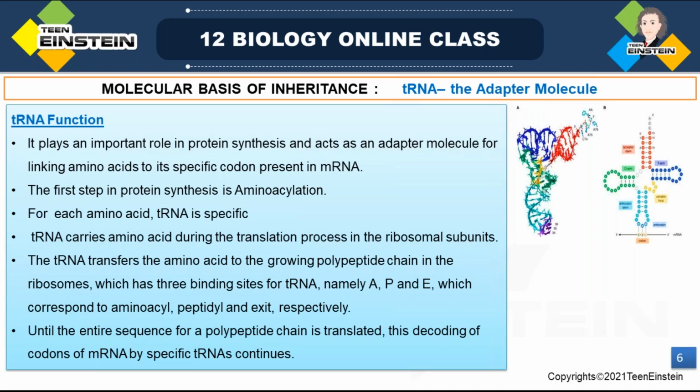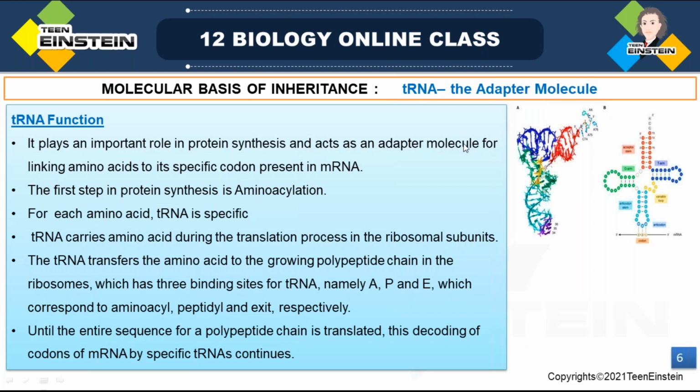This tRNA acts as an adapter molecule for linking an amino acid to the specific codon that is present in the mRNA.